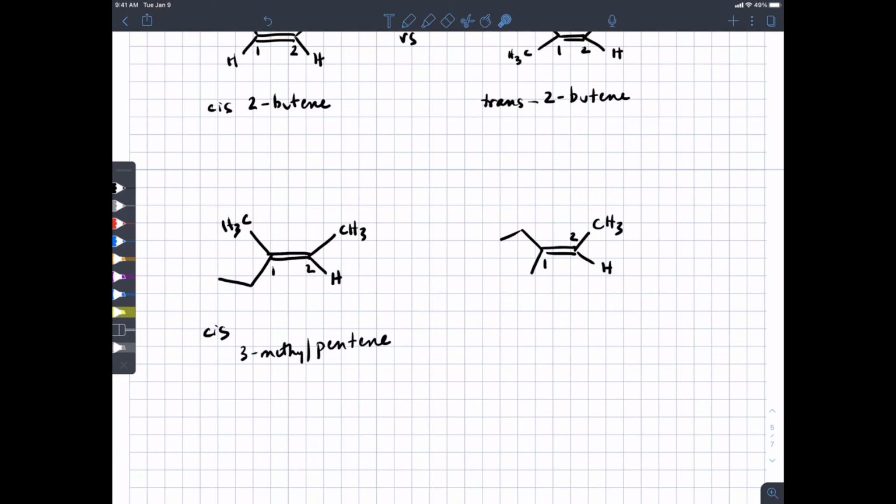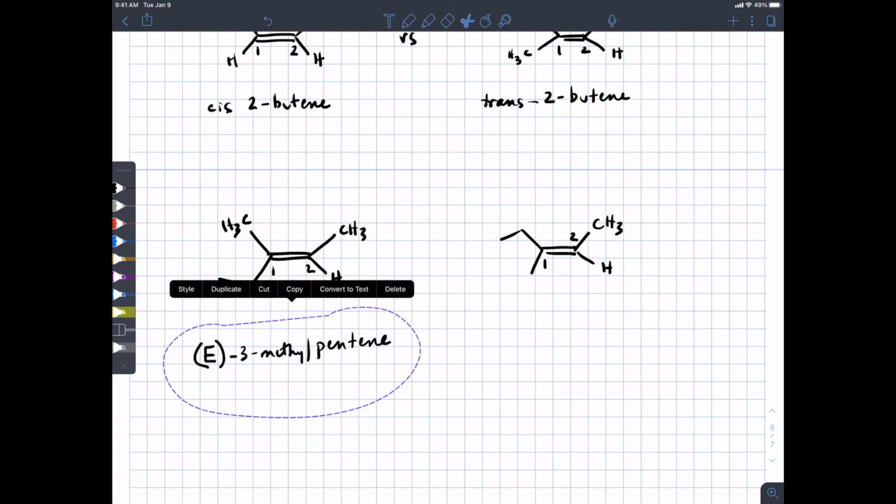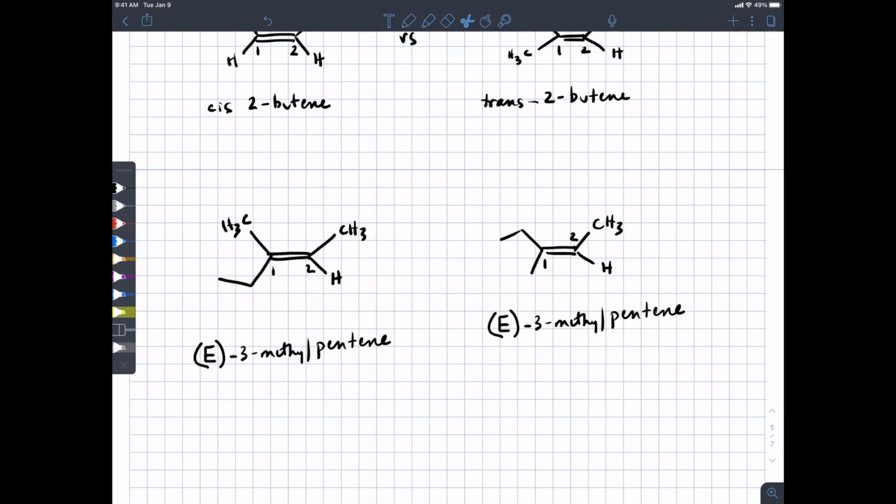So we've come up with a very, very complicated system to use a single letter to tell which option you want. Okay? And the letters are E and Z. Because I know the answer, I will tell you that the alkene on the left has an E configuration, whereas the alkene on the right has a Z configuration.